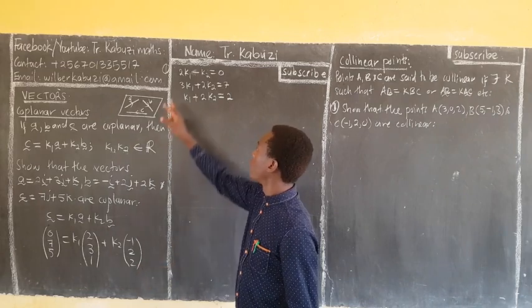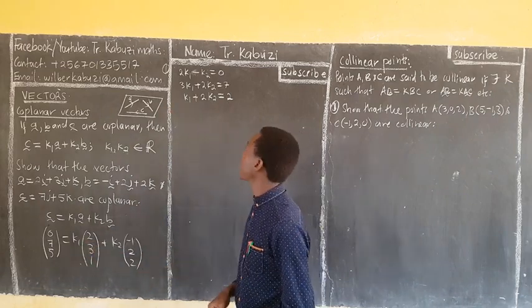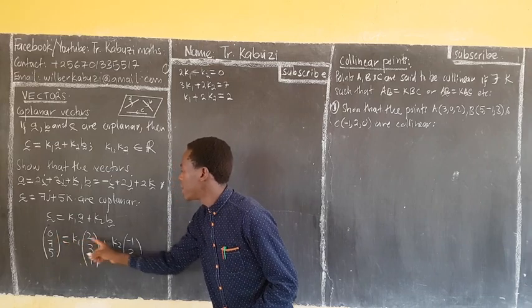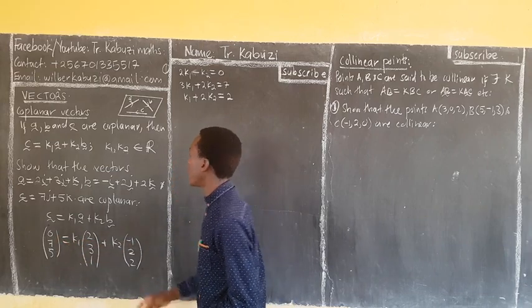Now from here, we form these equations like that. This is equal to this times this, plus this times this, and so on.